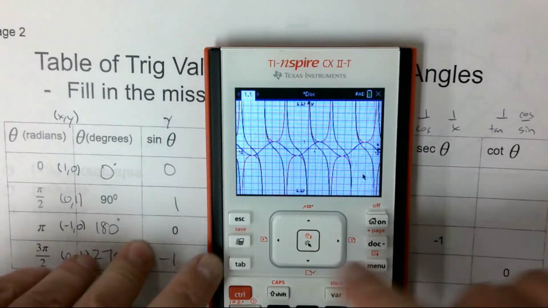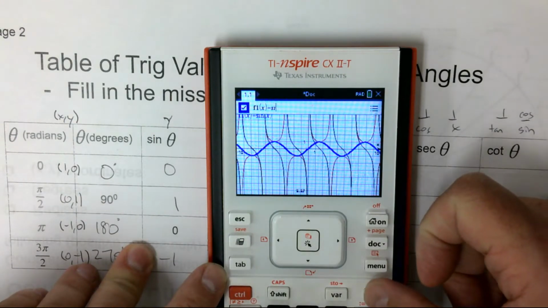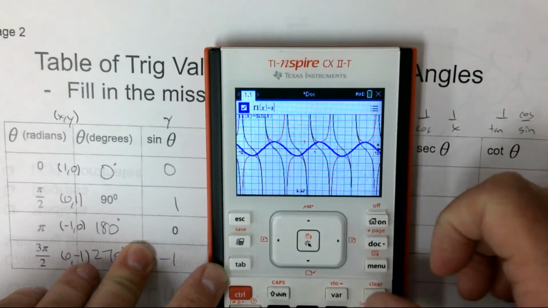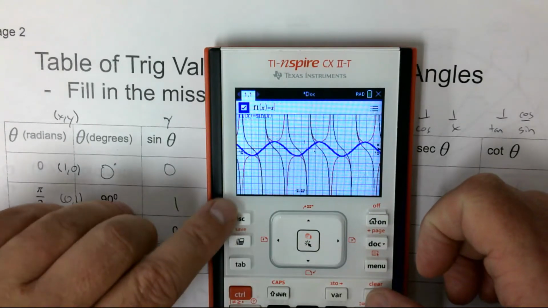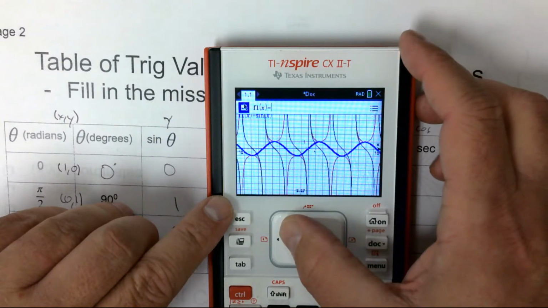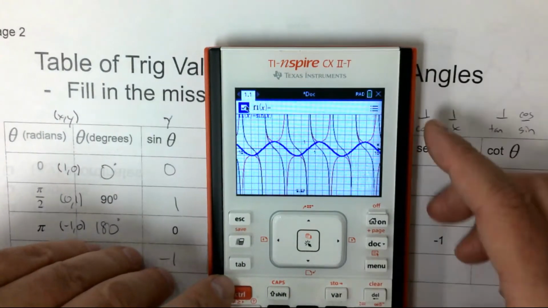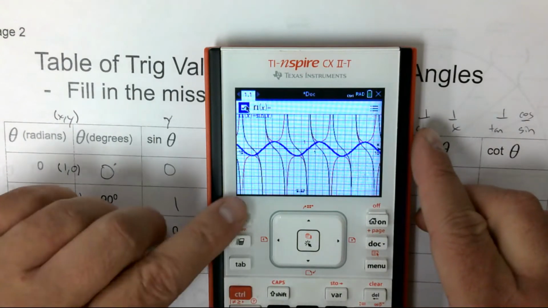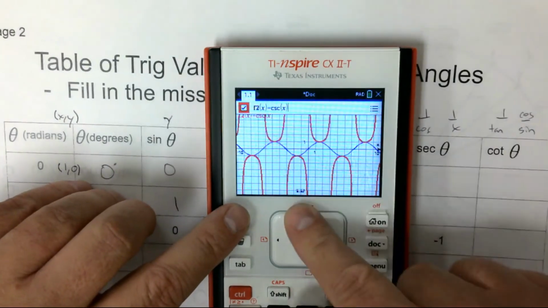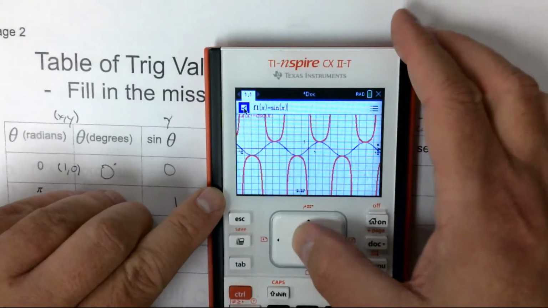I'm going to take out the sine just for the moment. Trying to disable that. There.